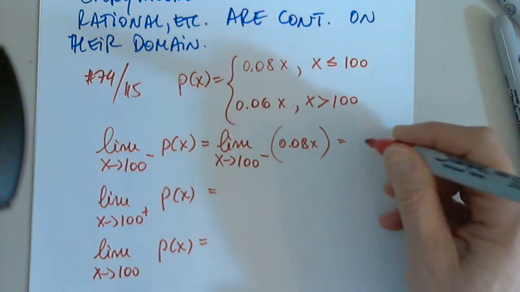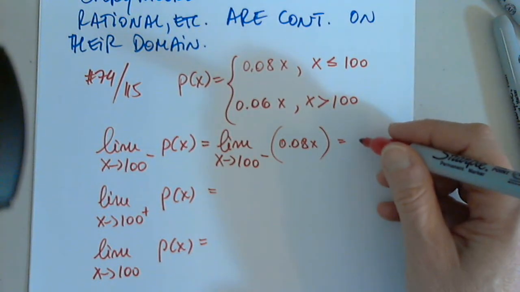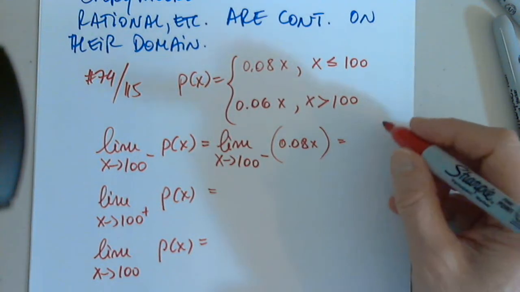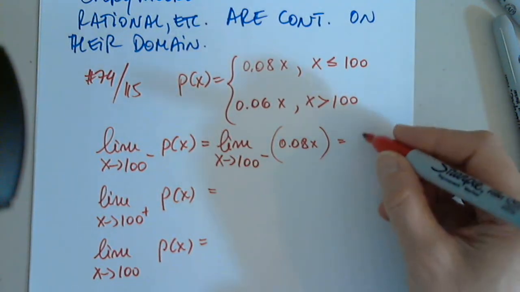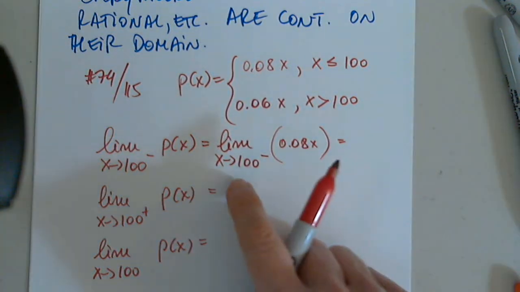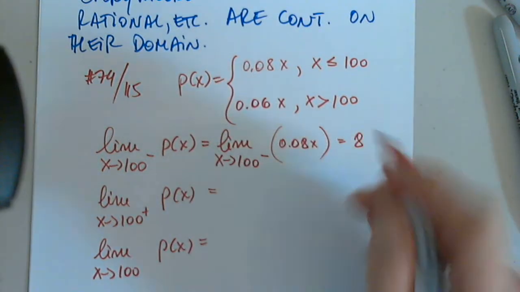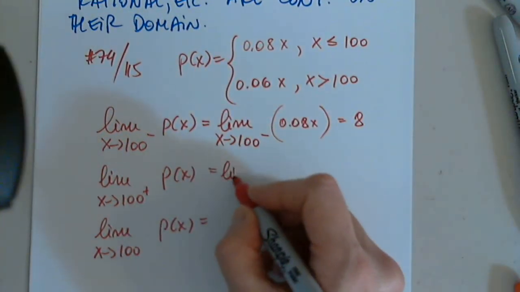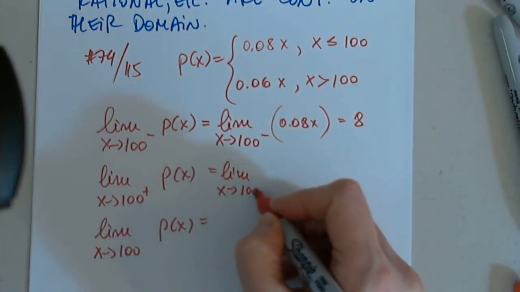Zainab, what is the answer for this? Are you there? Okay. Yeah, I am. Good. What is the answer? I'm not really sure. Right. 100 times 0.08 is 8. Good. Obviously, for the other one, we have limit as x approaches 100 from the right.